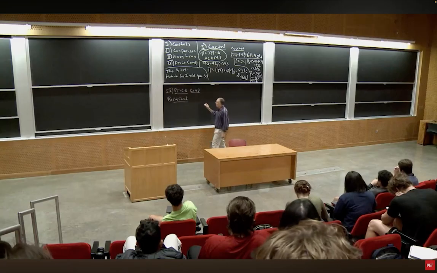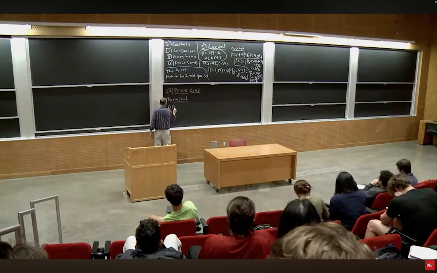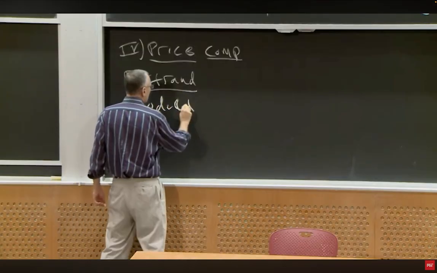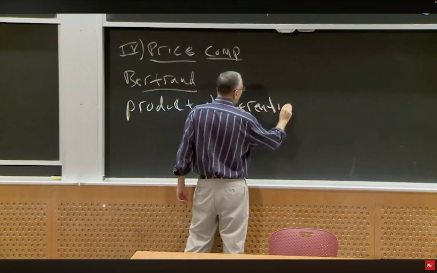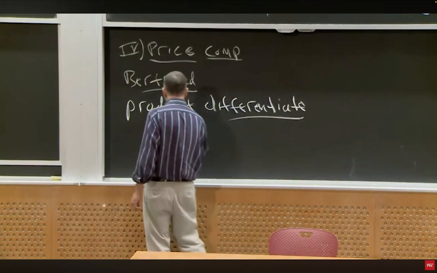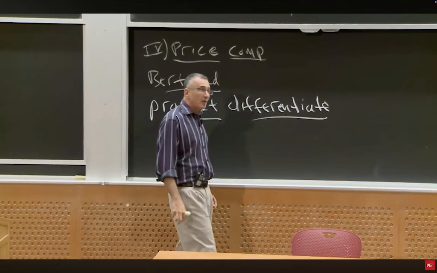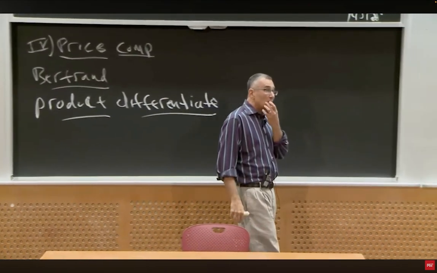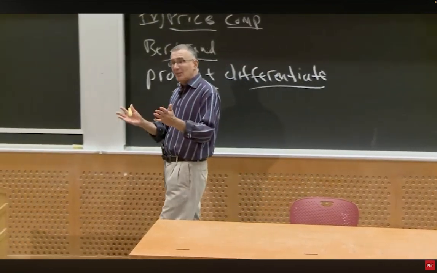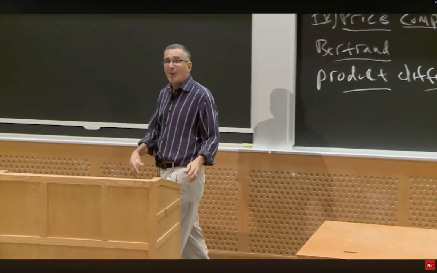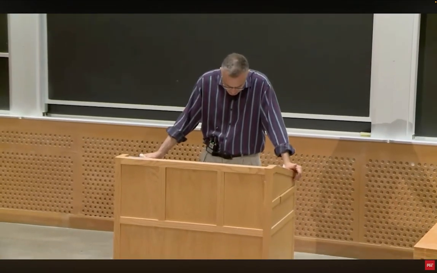Exactly. You can product differentiate. Essentially, you can create little monopolies. You could say, sure, there's perfect competition for Cheerios, but now I've invented apple cinnamon Cheerios. And for a while, at least, I have a monopoly in apple cinnamon Cheerios, so now I can go back to making money.